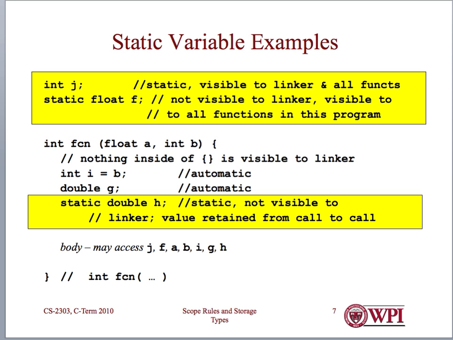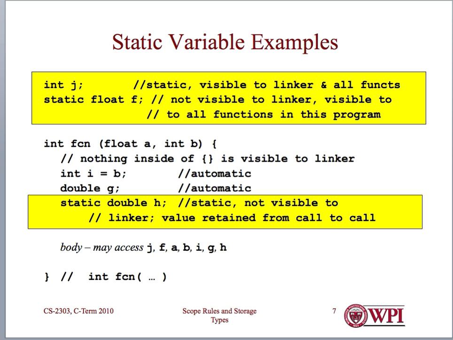Okay, then inside this function here, this fcn, we've got a couple of regular automatic variables declared, i and g, and then there's a static double h. Now statics declared inside of blocks we can't extern, we can't make them available to other functions in other files.